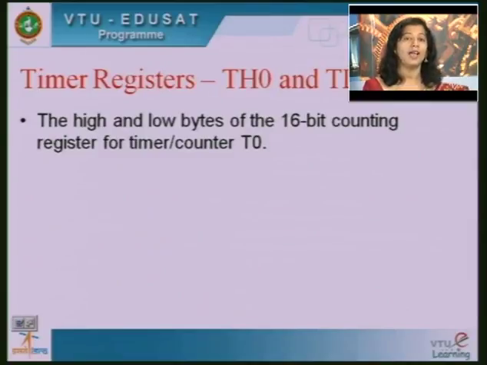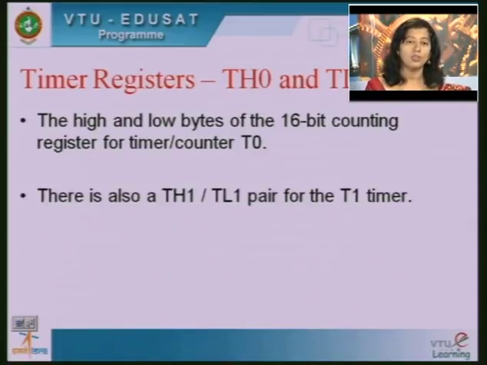Along with that, we have TH0 and TL0, timer high and timer low. Remember, they are 16 bits. So, 16 bits is divided into two parts, the high byte and the low byte, and they store the count.